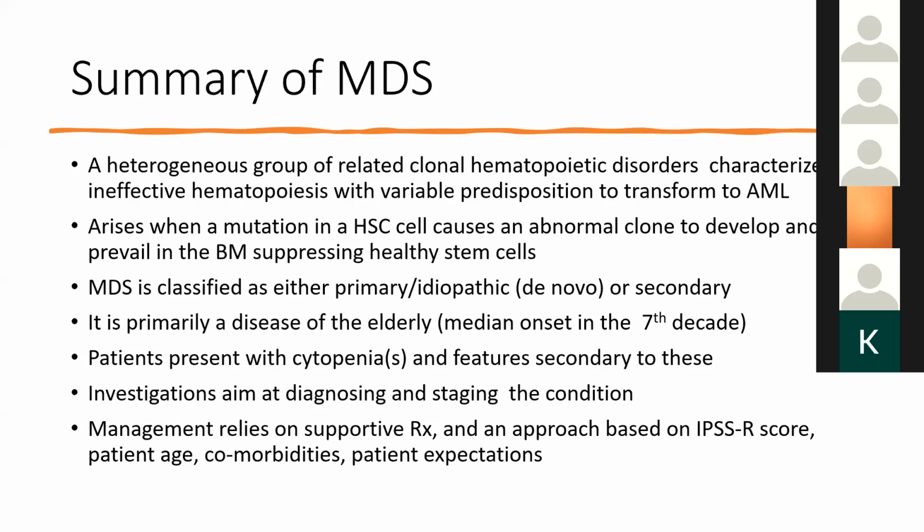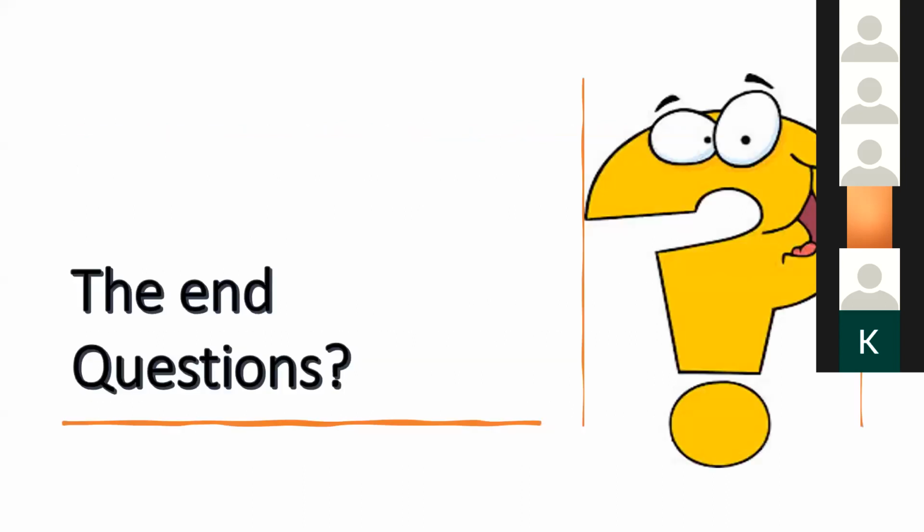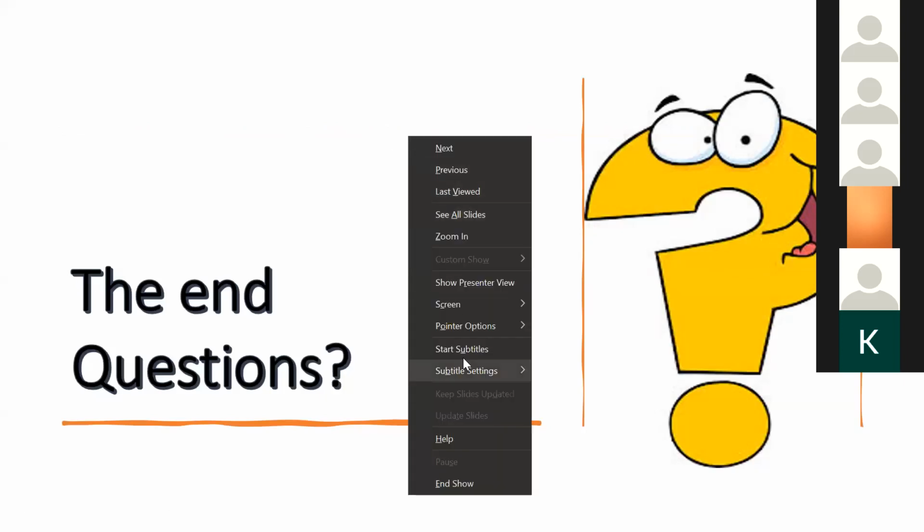And the management relies on supportive treatment, and there is an approach based on the IPSS score, which uses the patient's age, comorbidities, and patient expectations. All right, so that's the end of our lecture on myelodysplastic syndrome.